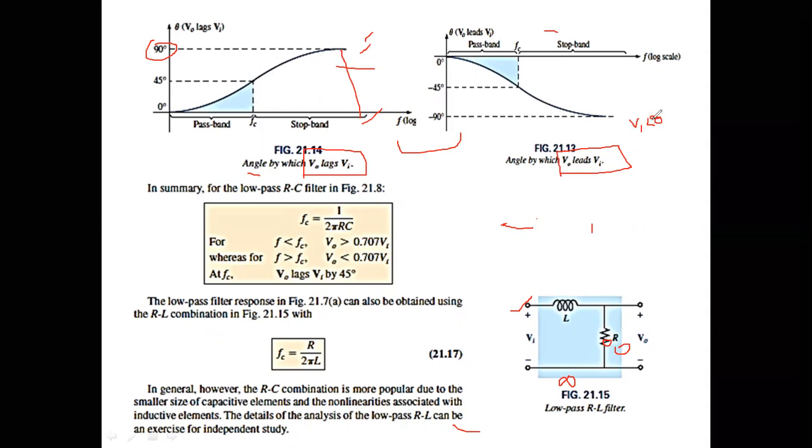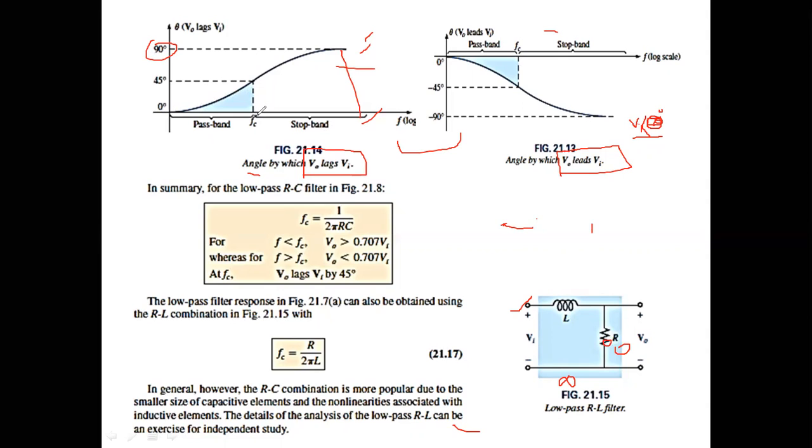Actually we have considered vi as 0 in the previous slide, but it is not the case every time. So theta for vi is not always equal to 0 degrees. It may change, so the graph will then be changed accordingly.